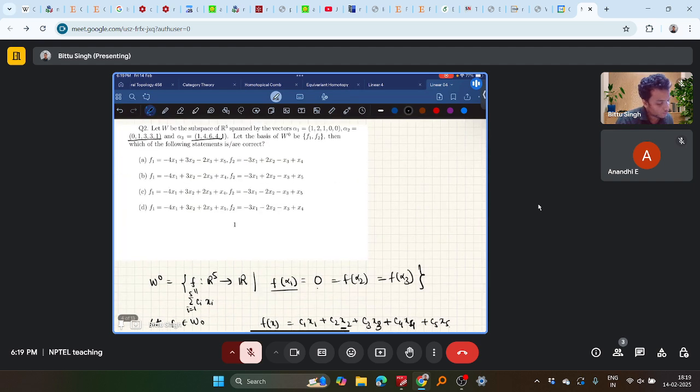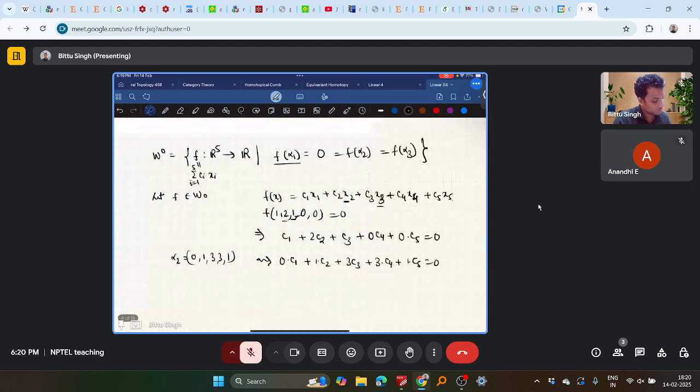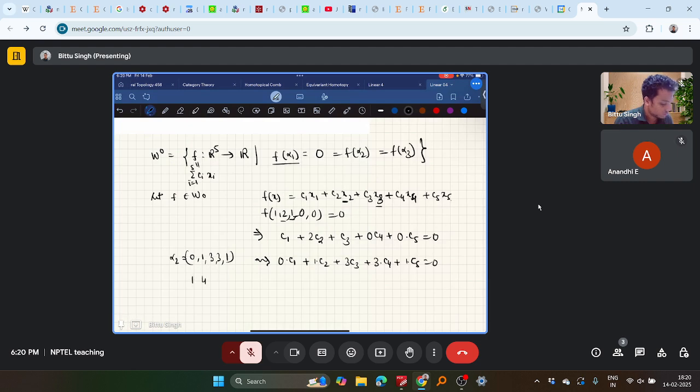Similarly, if we put the value of alpha 3, (1, 4, 6, 4, 1), this gives the relation 1 times C1 plus 4 C2 plus 6 C3 plus 4 C4 plus C5 equal to 0.